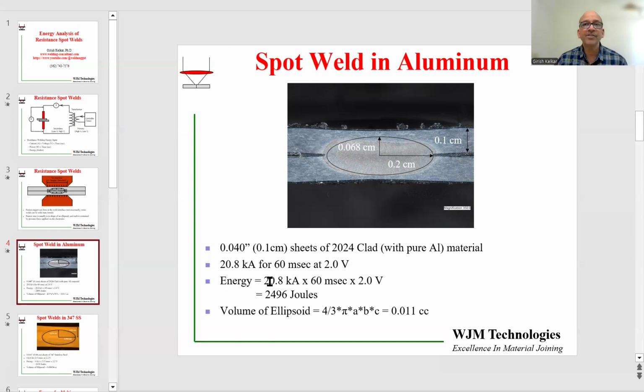So the energy which was measured, the input energy, is current times time times voltage, and we get a number of 2496 joules. This energy was used to make a fusion nugget, which looks like an ellipsoid, and the volume of the ellipsoid was calculated by this formula: 4/3 times pi times A, B, and C. A, B, and C are radii of the ellipse in different directions, and we get a volume.